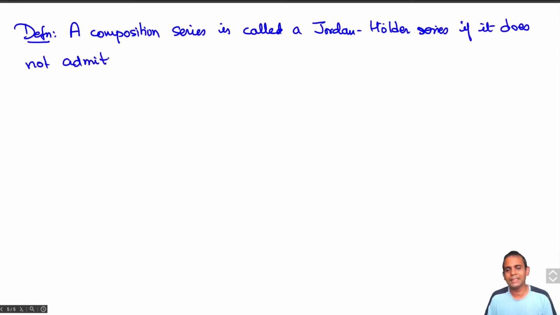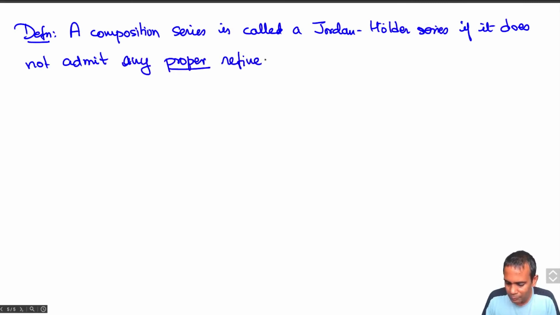But well, a series technically is a refinement of itself, so I should say any proper refinement, where by proper I mean a refinement apart from itself. So you must add at least one term.